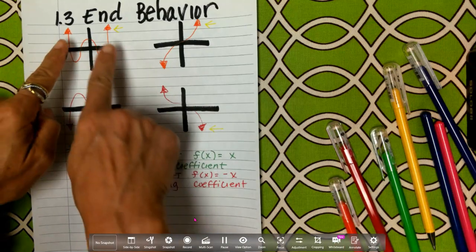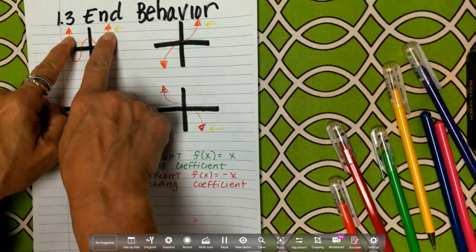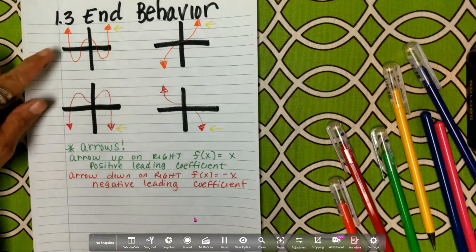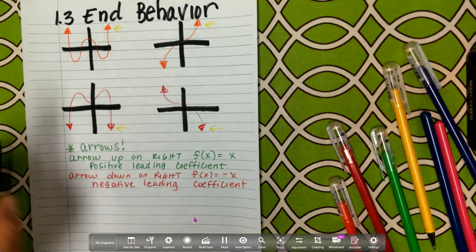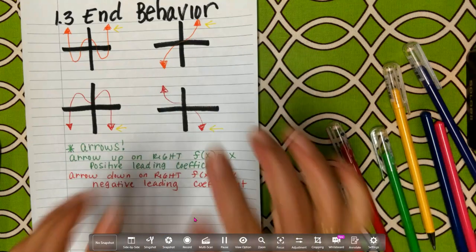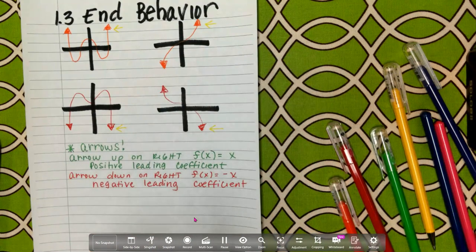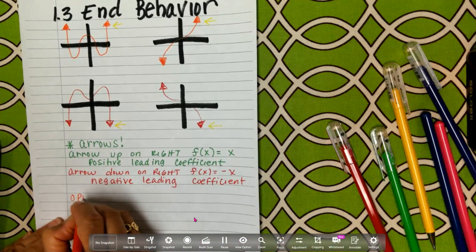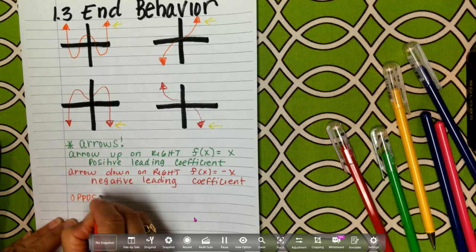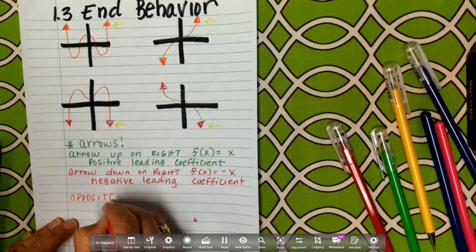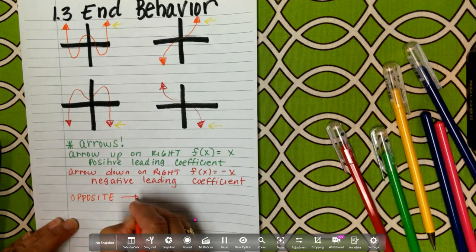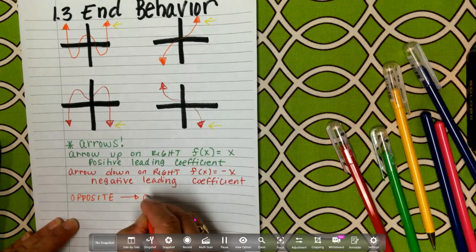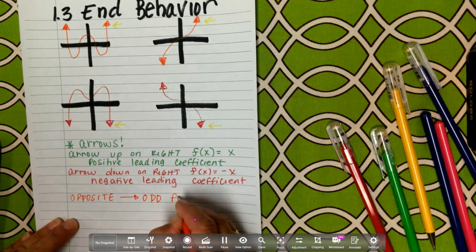So if you notice, both of my arrows are pointing in the same direction for this first graph. My arrows here are pointing in opposite directions. So if you have arrows in opposite directions, then that is considered an odd function.